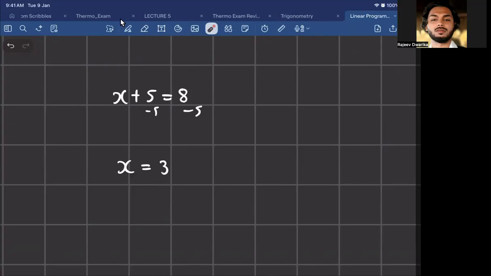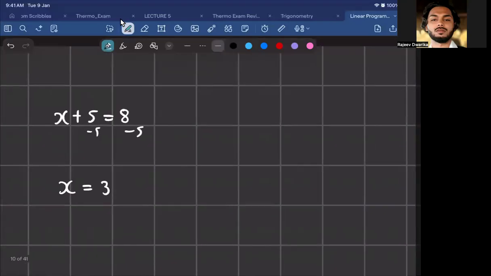So if I replace x with 3, what's 3 plus 5? 8. Does it satisfy the equation? Yes, because 8 is equal to 8. Will any other value for x work in this equation? No. Sienna, would any other value for x work? No, it wouldn't work. So equations have one solution.